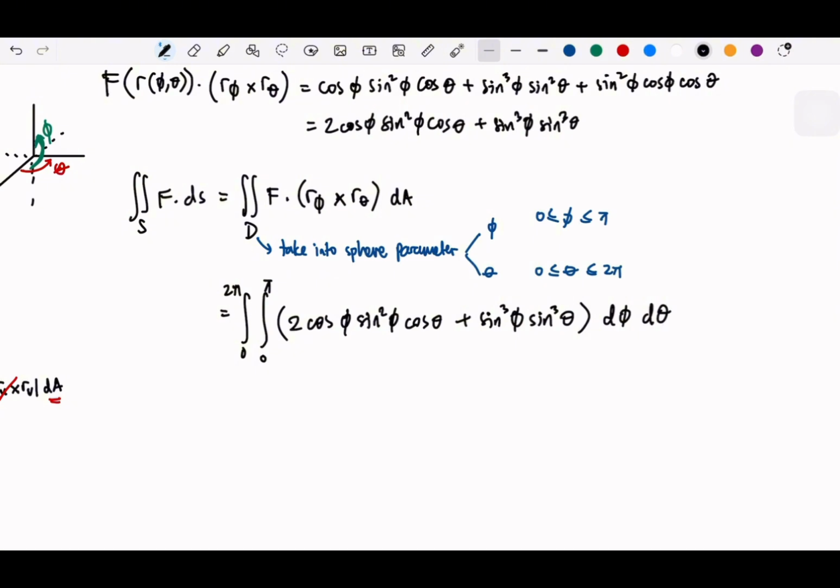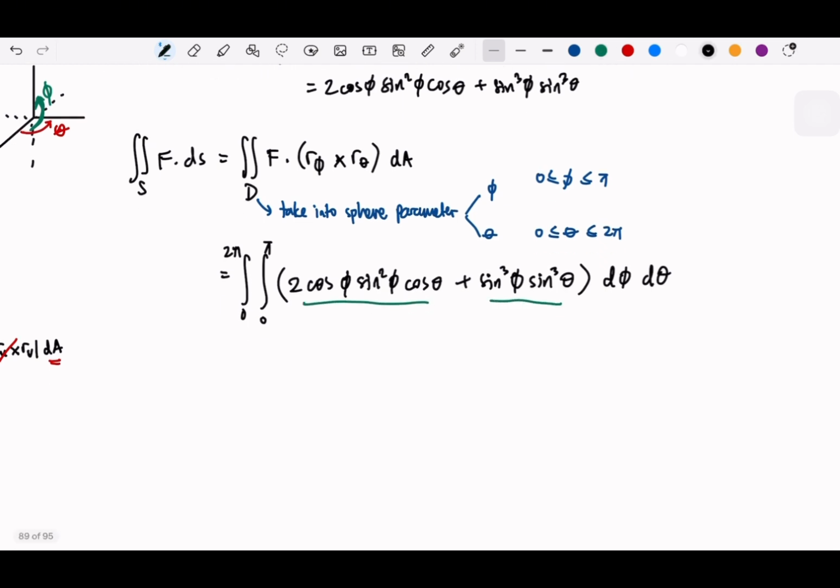And I think we can separate these two equations with double integrals. So the first one will be, we can write, and this is the second one.